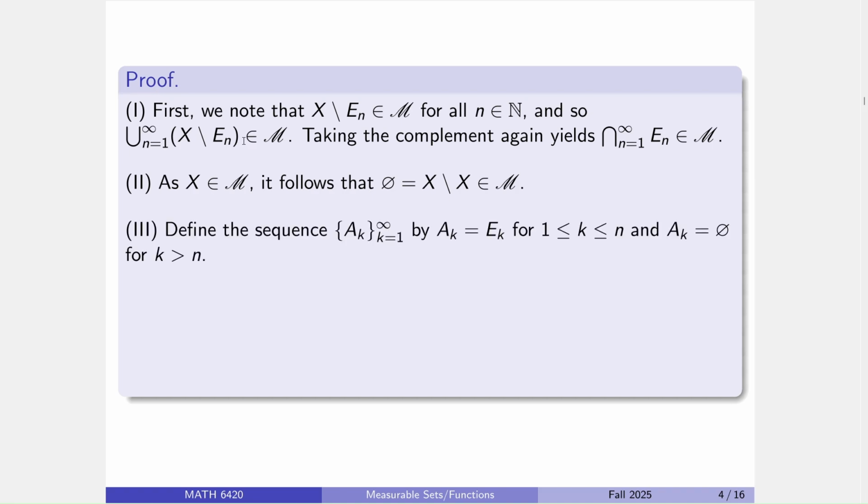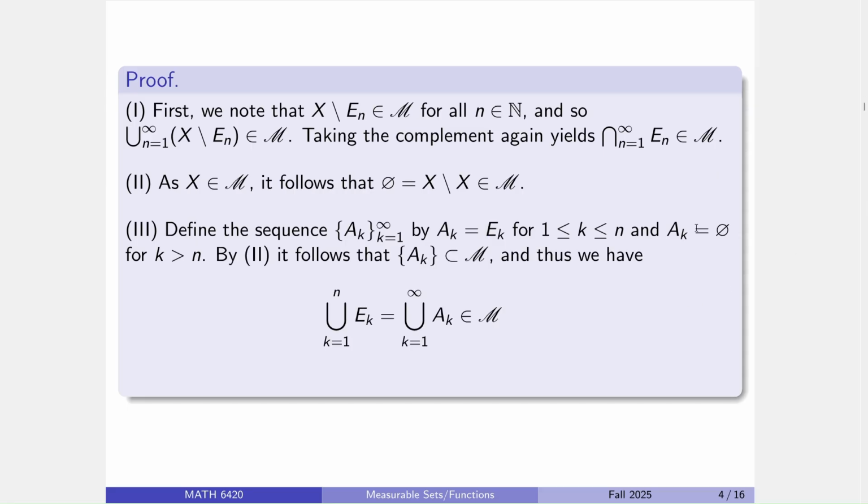Now, for finite intersections and finite unions, define a sequence where the first n terms are the elements out of the finite list, and then from that point forward, throw in the empty sets. Well, the empty set is measurable, and all of the E's are assumed measurable, so the whole collection counts as measurable. So the union lands in the sigma algebra.